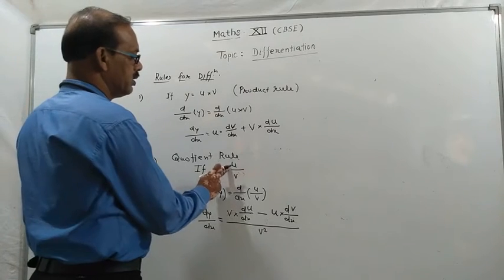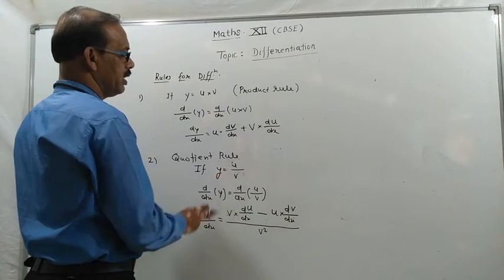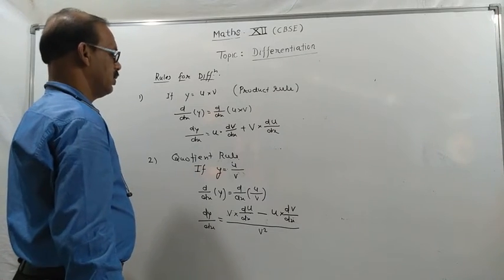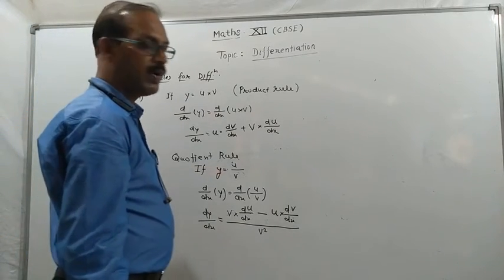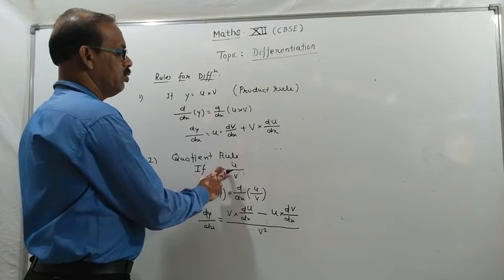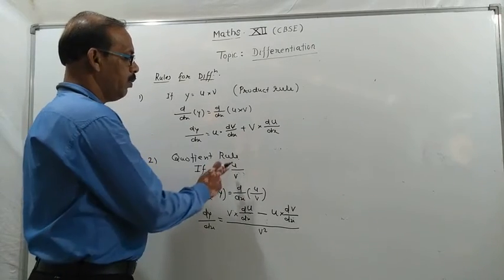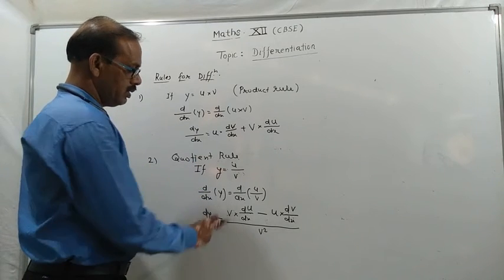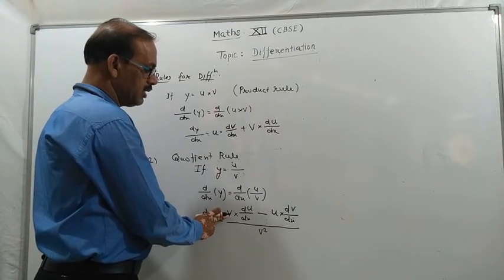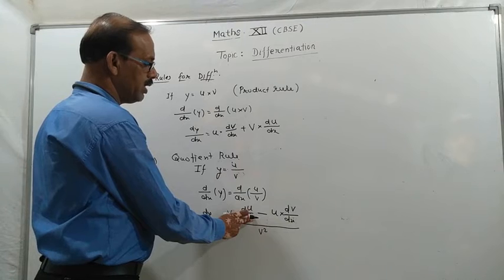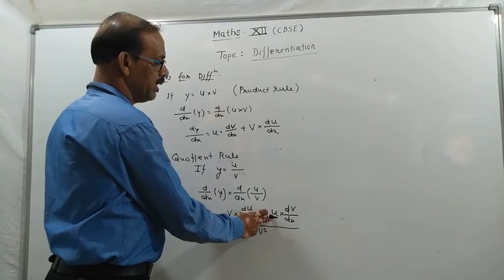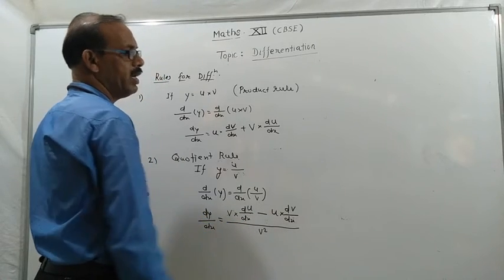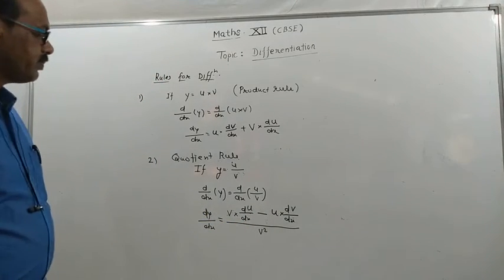Again I repeat how to find the derivative using the quotient rule. If two functions represented by u and v are given in the numerator and denominator, like in the form of a fraction, then we apply the quotient rule, which means first denominator as it is into derivative of numerator minus numerator as it is into derivative of denominator, whole divided by v square.